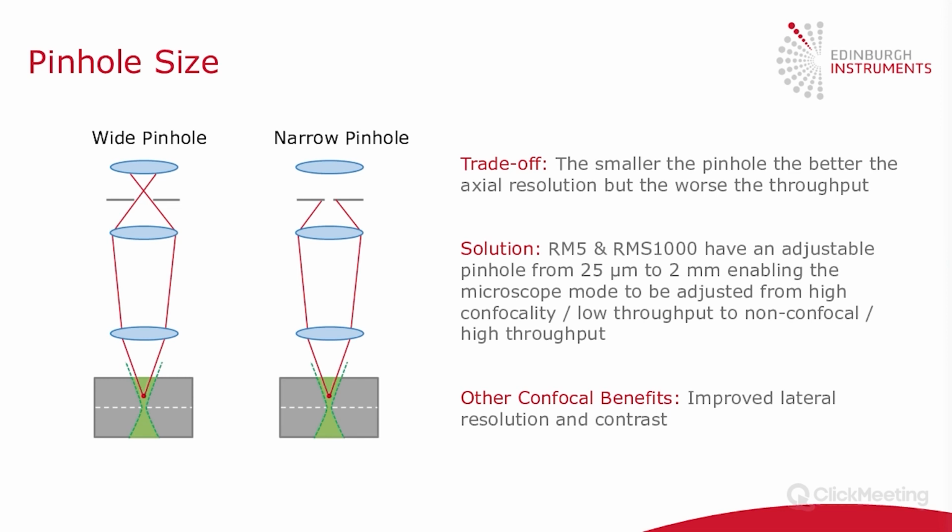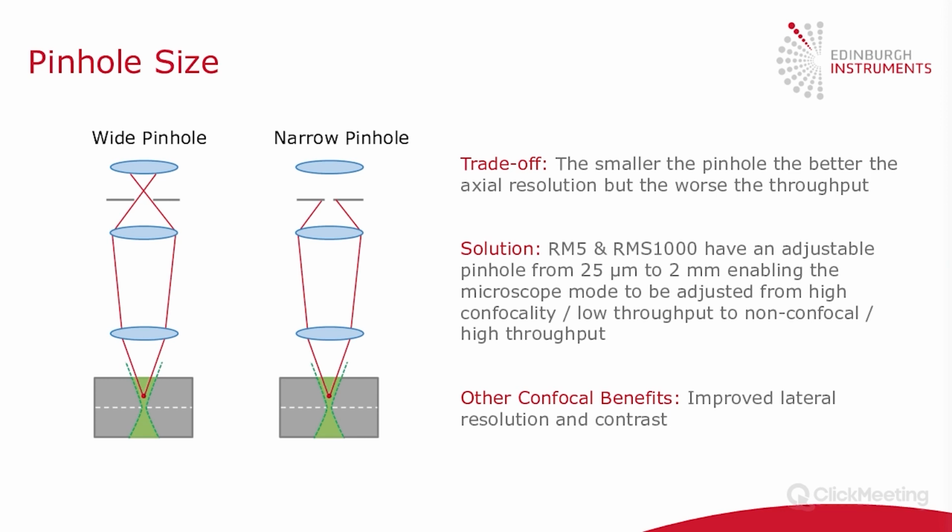And for those of you listening who might have no interest in looking at depth profiling or samples with multiple layers, the confocal pinhole also has other benefits beyond just the axial resolution. So it also improves the lateral resolution of the microscope, so the XY resolution, and more importantly, it improves the image contrast.